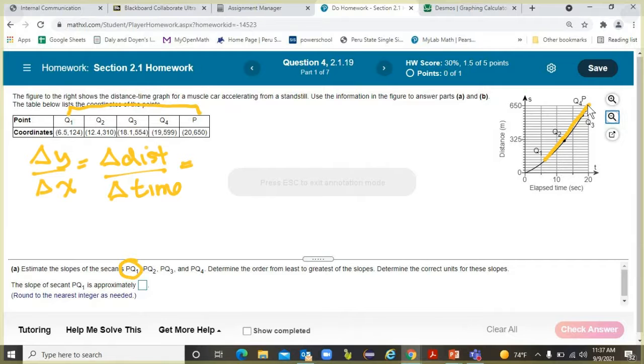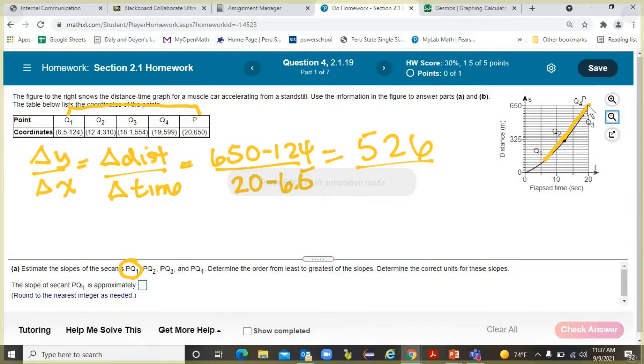On top, we have the change in distance, so 650 minus 124, and on the bottom, the change in time, which is 20 minus 6.5. Let me get my phone calculator out. 650 minus 124 is 526, and 20 minus 6.5 gives us 13.5.